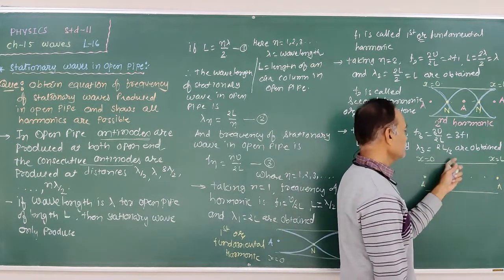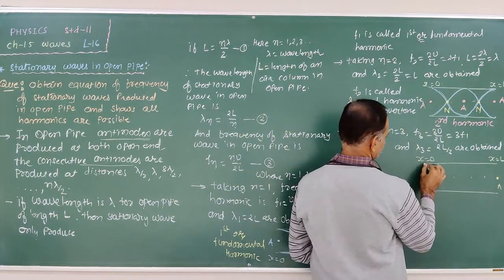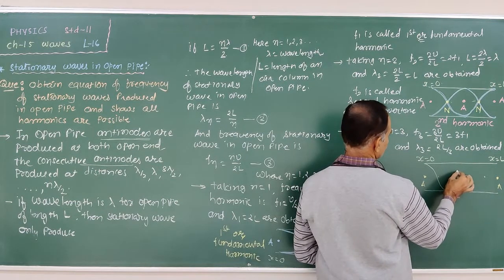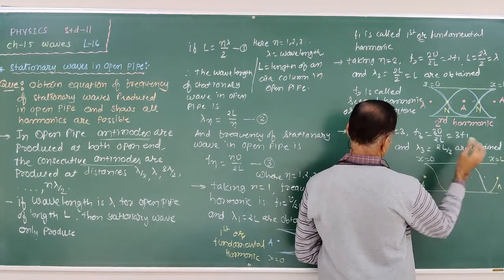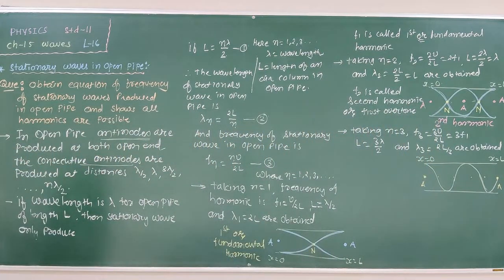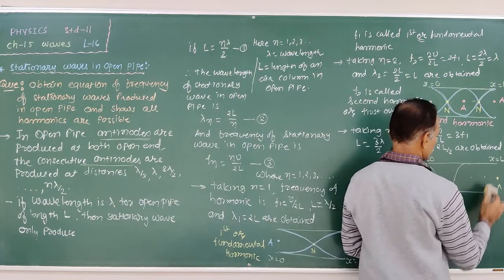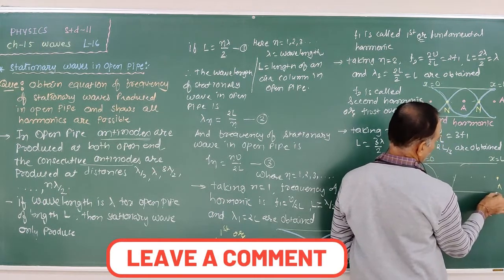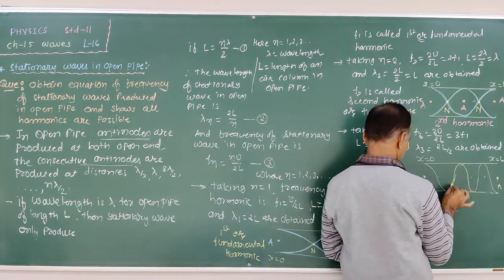Therefore, there is the open end, so the antinodes must be created here, like this.